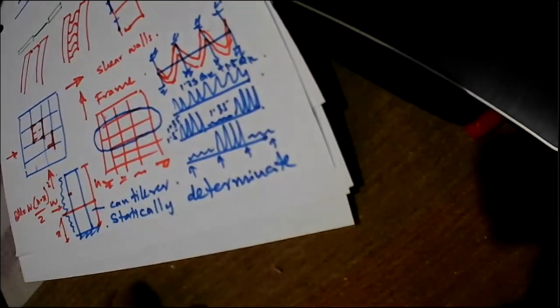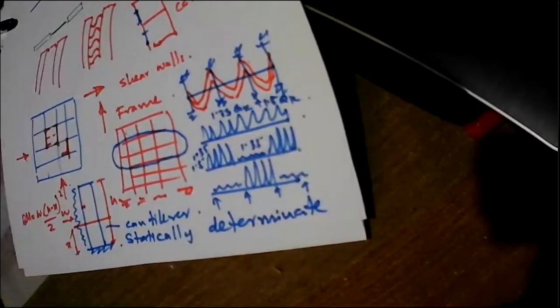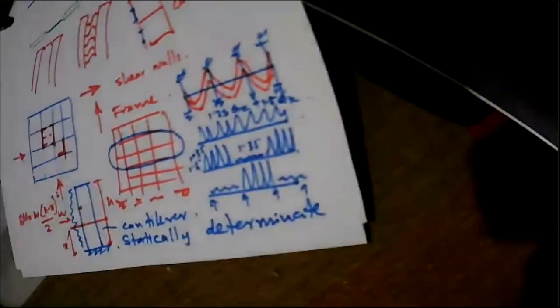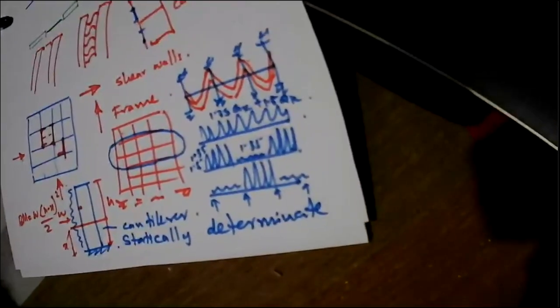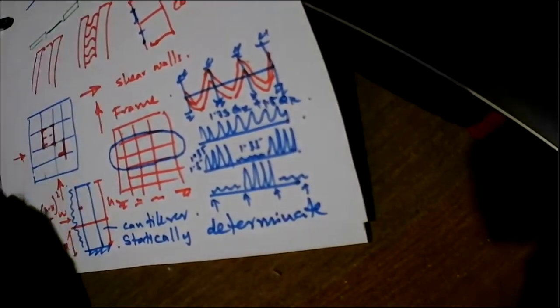That's the advantage of this assumption: all the lateral loads are carried by the walls, and the frames will carry only the vertical loads. So the designs can be done easily with simplified methods.